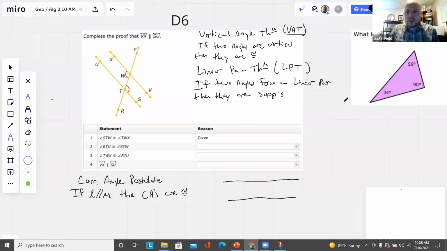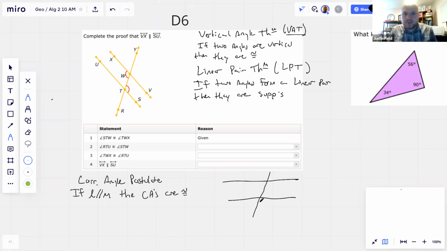Okay, so whenever we have a theorem, I mean, not whenever, because you see, I didn't do it up here, but we usually need a picture. Okay, so if L and M, so I could have written if two lines are parallel, but basically if two lines are parallel, so let's call those lines L and M. This is T. You can call them any letters you want, but these are the letters that we see people use.